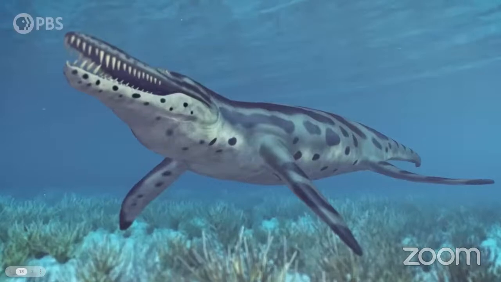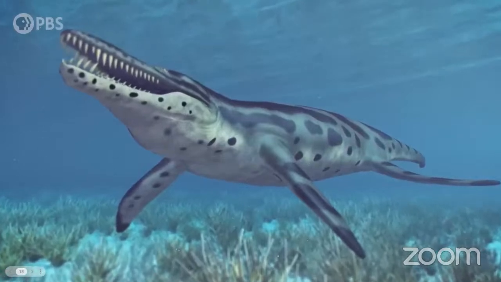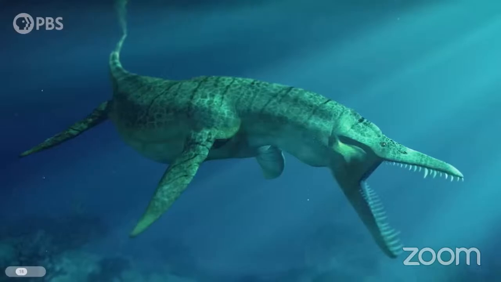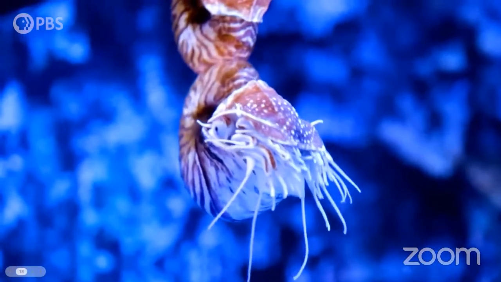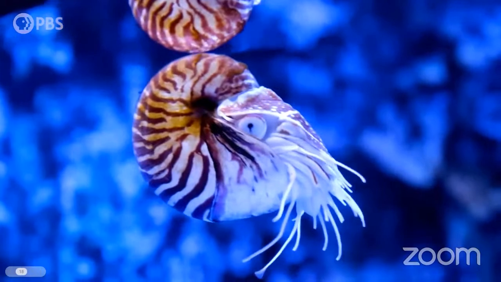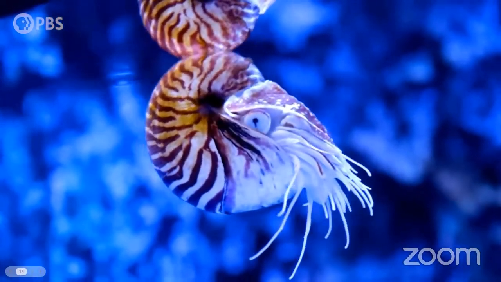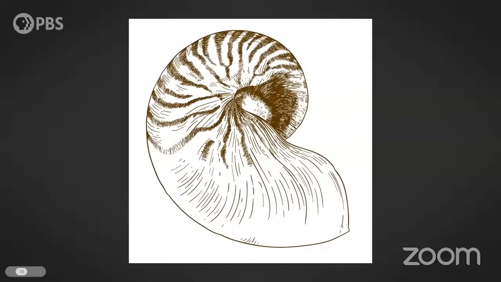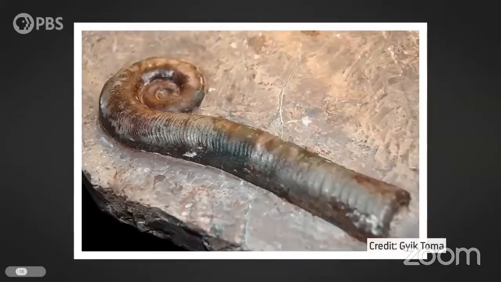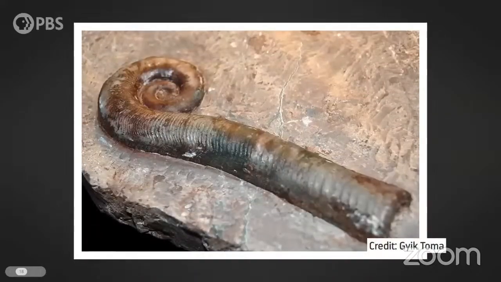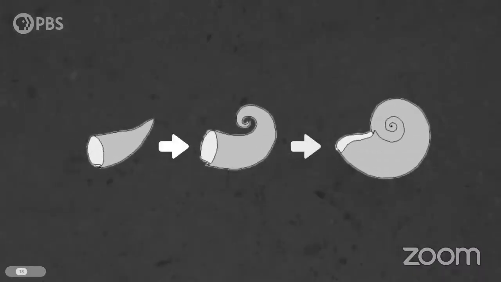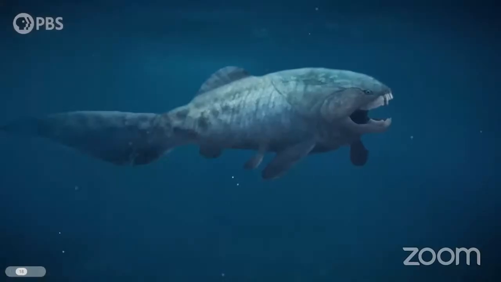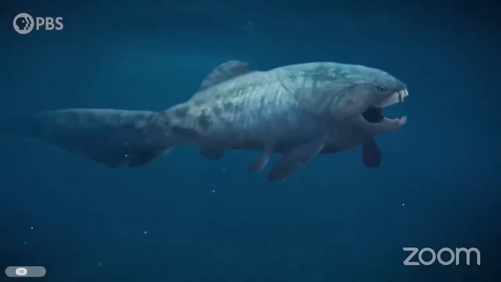Not to mention the emergence of pretty much every major group of marine predators, from sharks to mosasaurs and ichthyosaurs to whales. So it's fair to say this isn't their first rodeo, and some of their most iconic traits are thought to be ancient adaptations for dealing with these threats, like their famous coiled shells, for example. These started out straighter and almost horn-shaped in the late Cambrian. The more predator-resistant coiled forms only evolved later, around the time that early dogfishes and predatory cephalopods arrived.